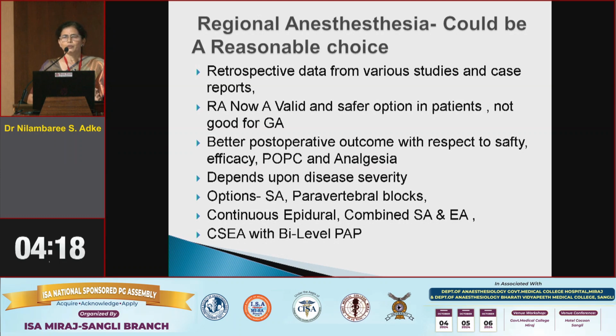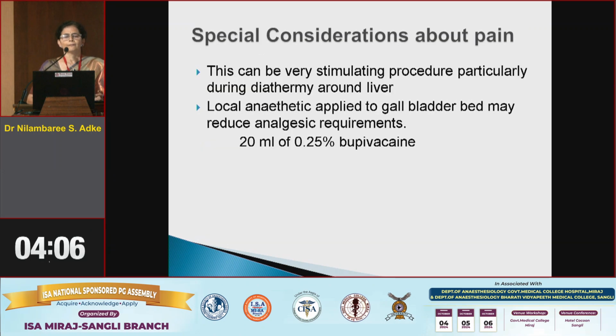So people have now questioned whether GA is a must for such severe COPD patients. We can now go ahead with regional also. Post-op pain management can be done with epidural.